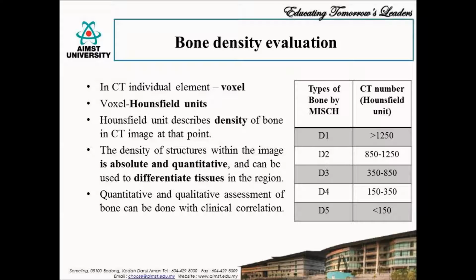Quantitative and qualitative assessment of the bone can be done with clinical correlation. You can see in the table that D denotes the density of the bone as given by Misch, correlating the spongy and cortical bone ratio and thickness. You can appreciate the descending pattern of bone density referred to as D1 to D5, where a decrease in the Hounsfield units can also be seen.